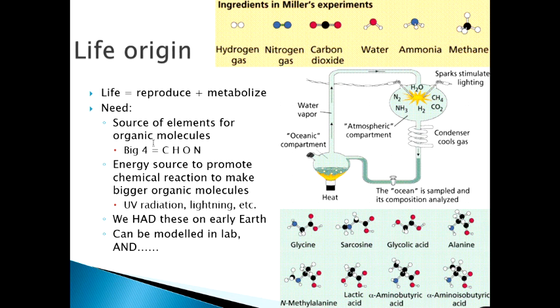Incidentally, notice that those four things are among the elements that are being spewed out of volcanoes as carbon dioxide, hydrogen, H2, water vapor, H2O, carbon monoxide, CO, nitrogen, N2, and a whole bunch of other things. But that's the big four.